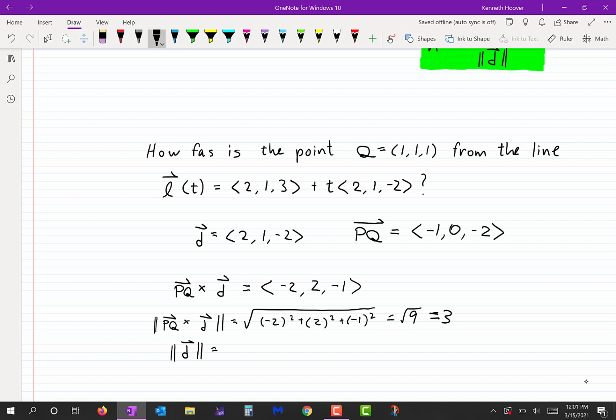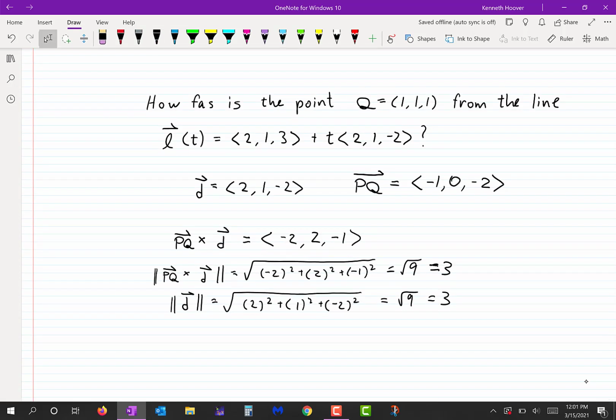That's the square root of 2 squared plus 1 squared plus negative 2 squared, which is also 3. So the distance from our point Q to our line L is 3 over 3, which is 1. It's 1 unit away from the line.